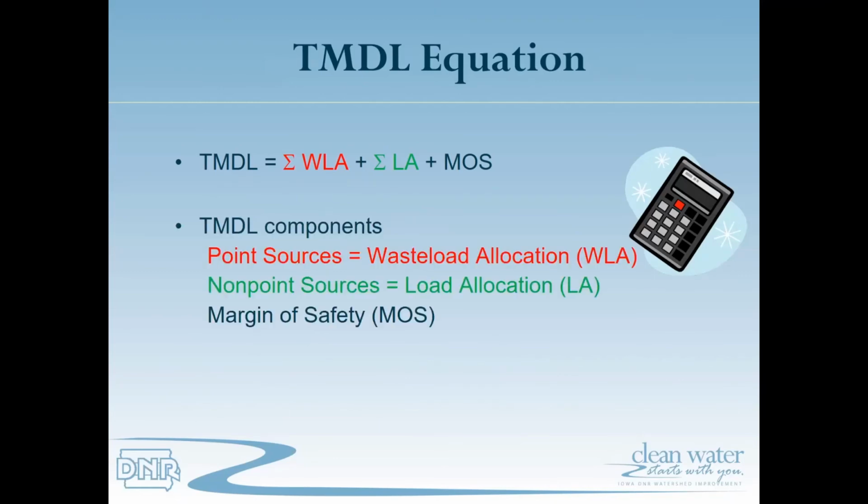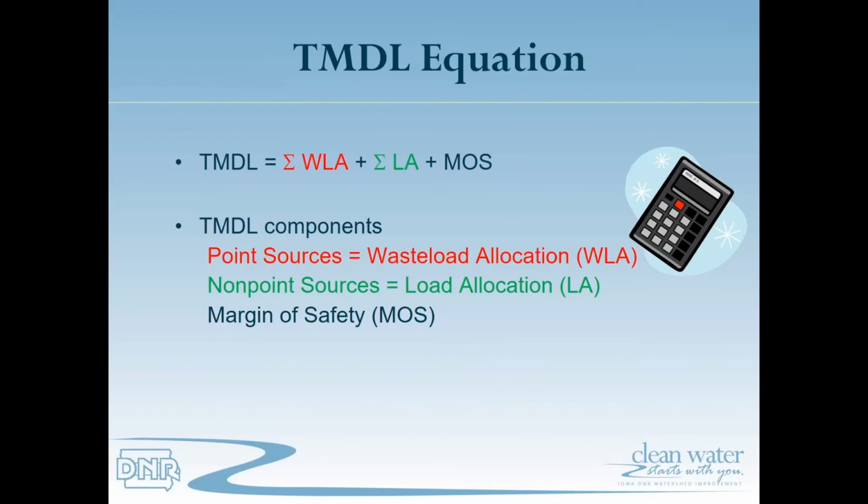So again, these components are point sources or waste load allocation, non-point sources would be load allocation, and then that margin of safety we put in there just in order to be conservative with our values and ensure that we have a little bit of padding to make sure that we meet those water quality expectations. We don't want to go above that. We'd rather be just slightly below just to give us a little bit of cushion.